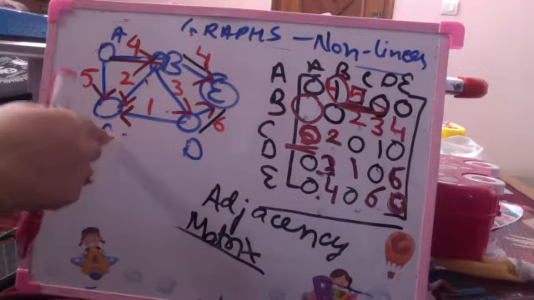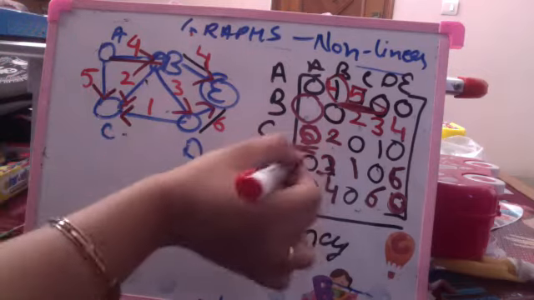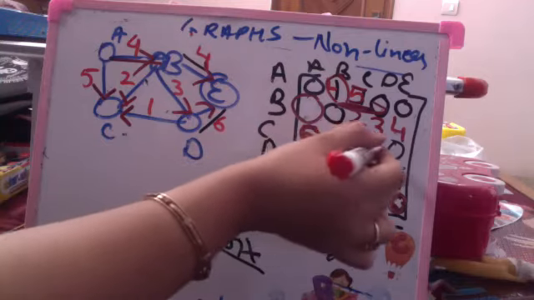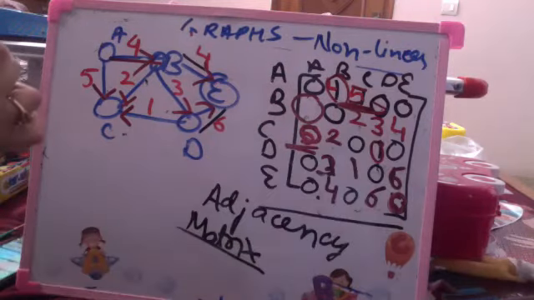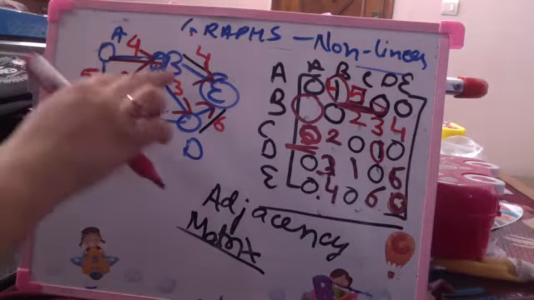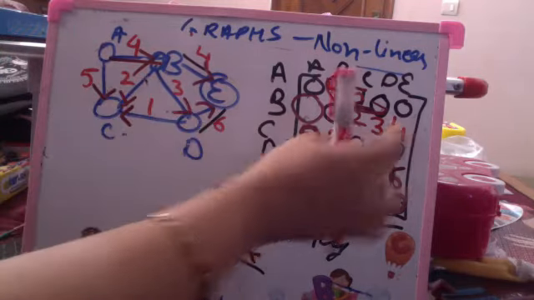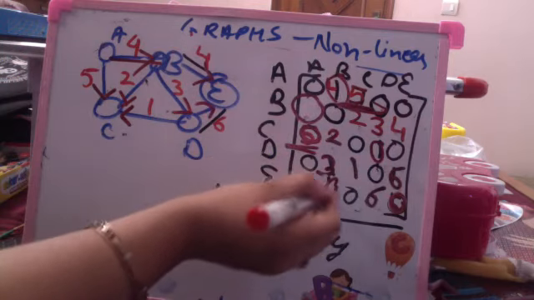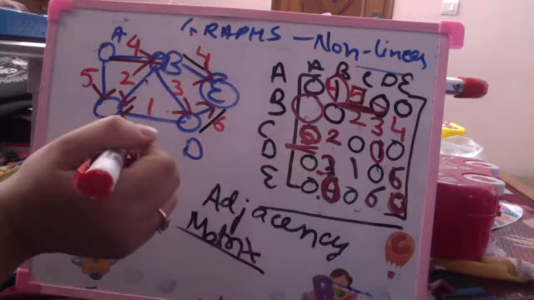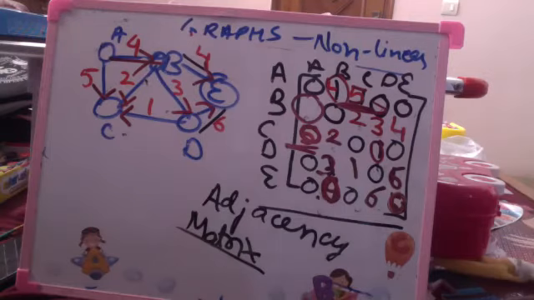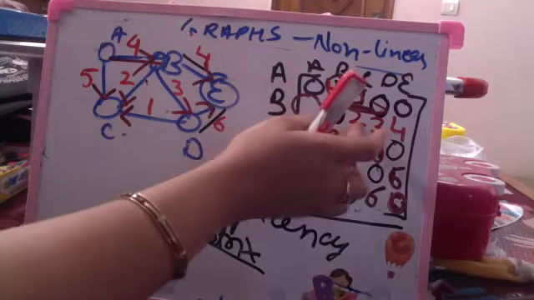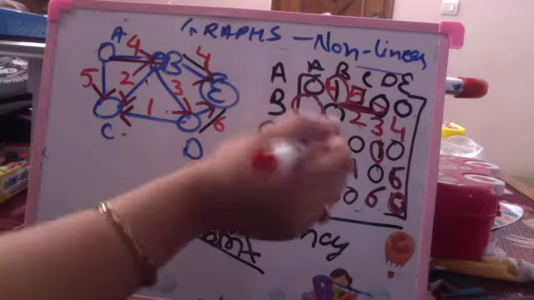D to C is an edge, C to D is no edge. Are you all able to get this? B to E is an edge, E to B is no edge. B to C is again an edge, C to B is no edge.